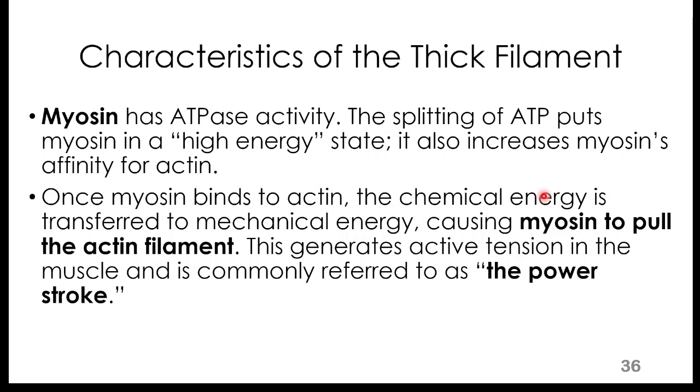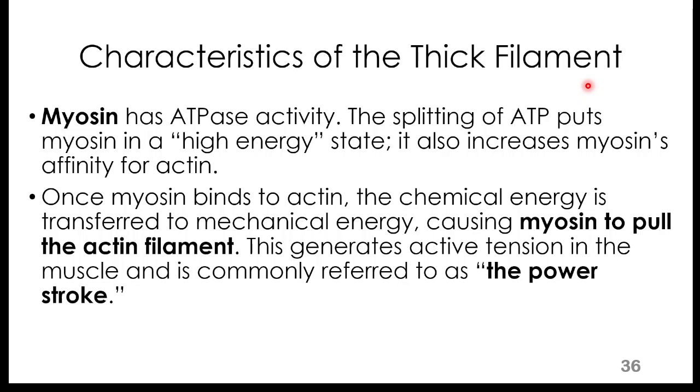Now, characteristics of the thick filament. Myosin has ATPase activity, which we've said, and when the ATP is split, when the ATP is degraded by the ATPase, the energy released puts myosin in a high energy state and also increases the affinity of myosin for actin.